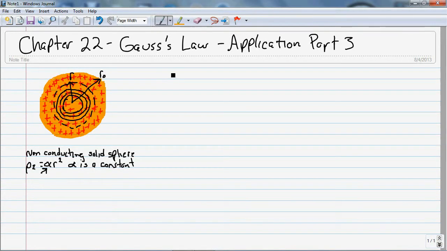So I know that the total charge is Q, and that's just equal to the integral of the charge density times the differential volume. And what's the best way to integrate with a sphere? Well, that would be with the shell method.